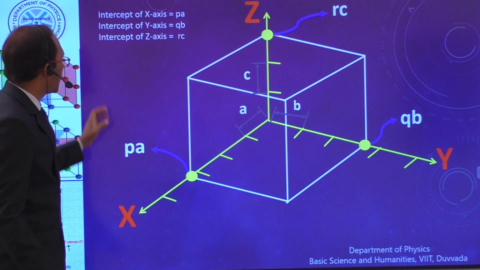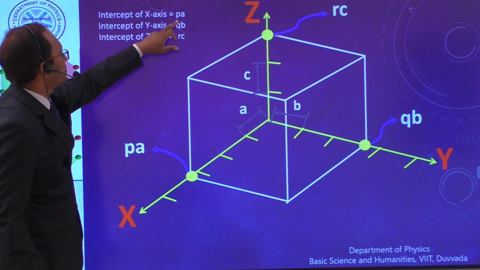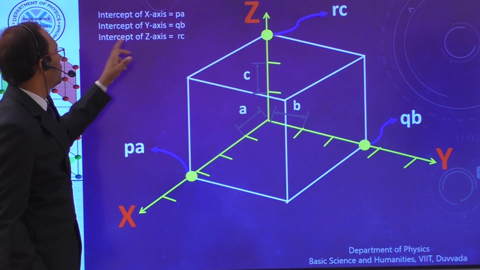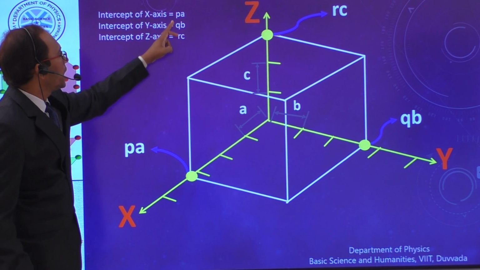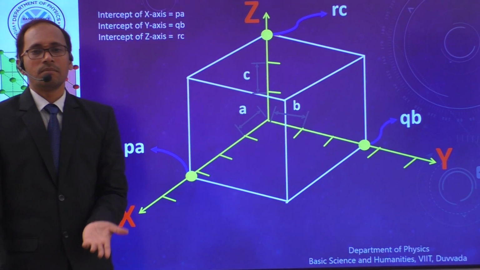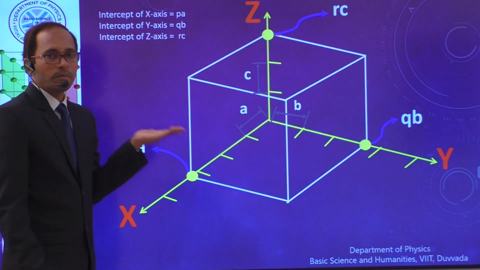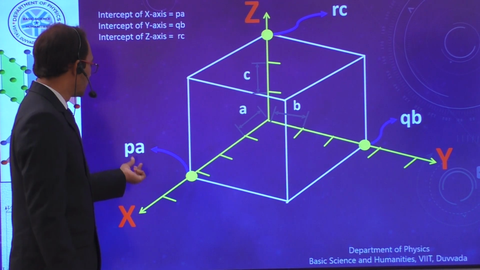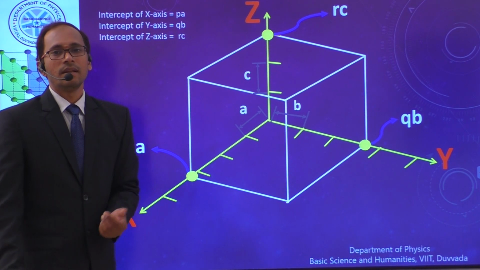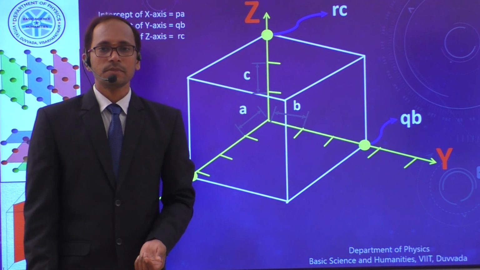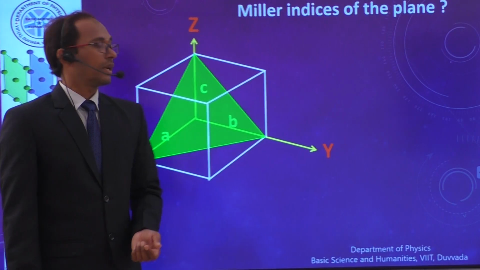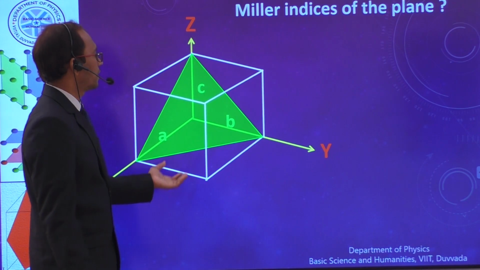So the x-intercept is pa, the y-intercept is qb, the z-intercept is rc. p, q, r are any numbers, maybe 1.5, 2.5, 3.5 like that. So it is always a multiple of the lattice parameter. Now let us find the Miller indices of this plane.